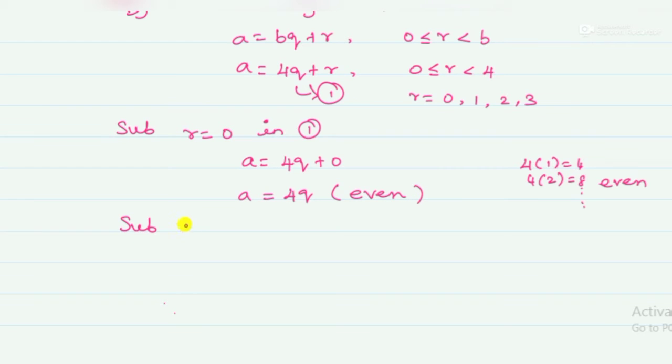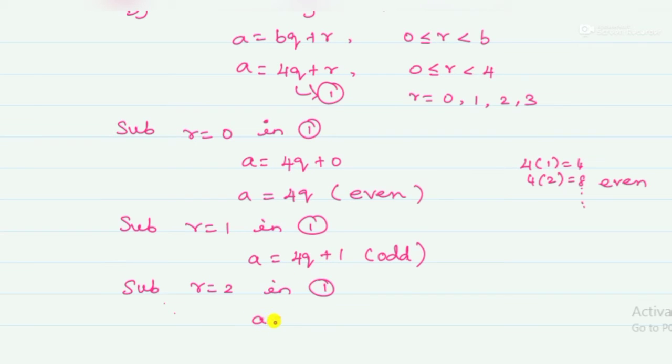Next, let us substitute r value as 1 in equation 1. So a equal to 4q plus 1. Even number plus 1 will become an odd number. Next, substitute r equal to 2 in equation 1. a equal to 4q plus 2. Even number plus 2 will become an even number only.